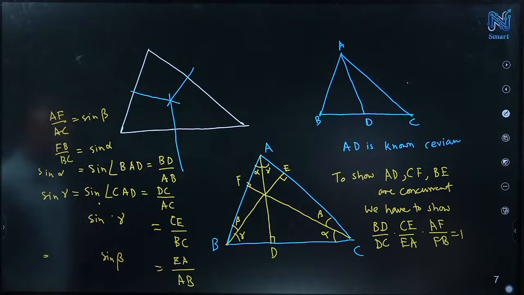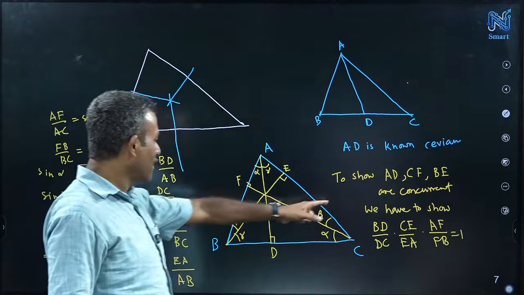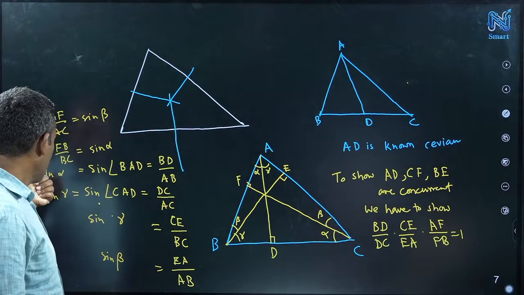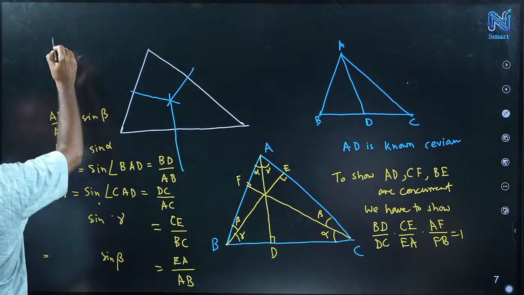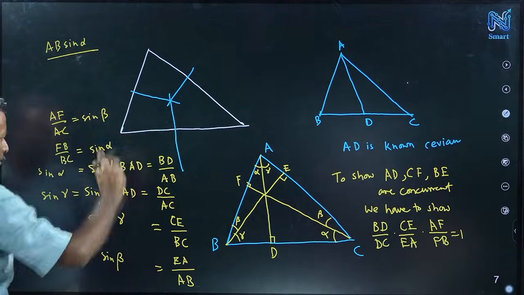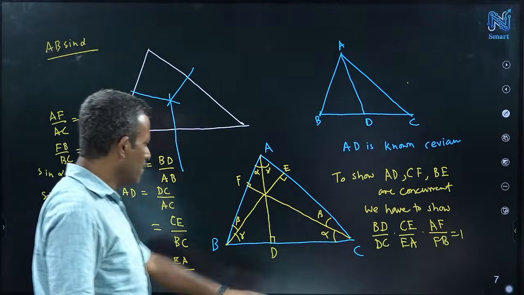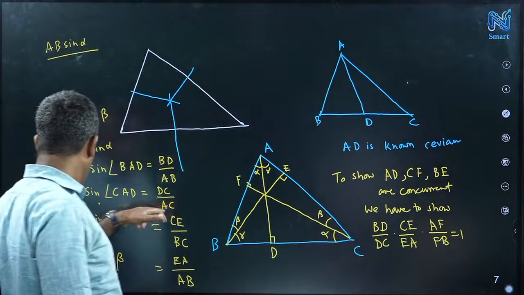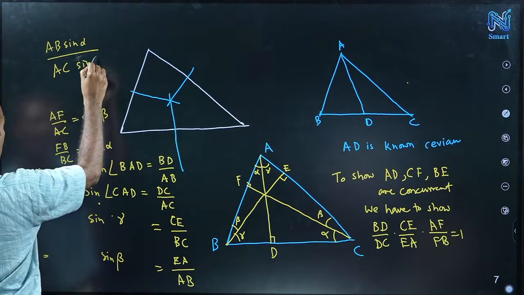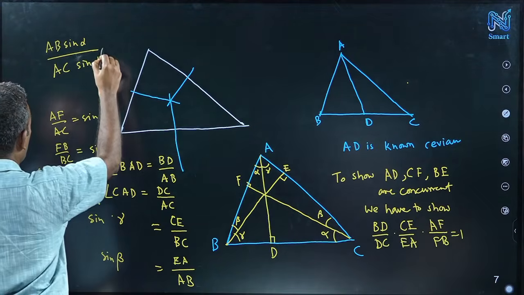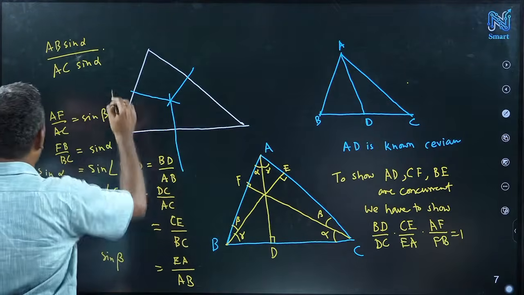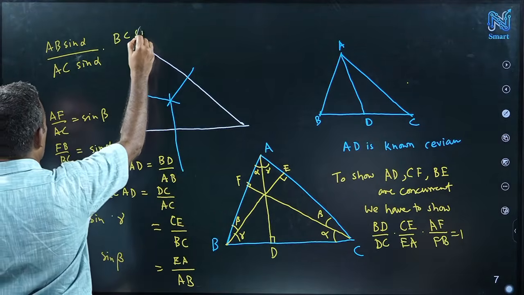Now replace everything there. So BD is replaced by AB sine alpha, divided by what? What is DC? AC sine gamma. Into what is C? BC sine gamma.